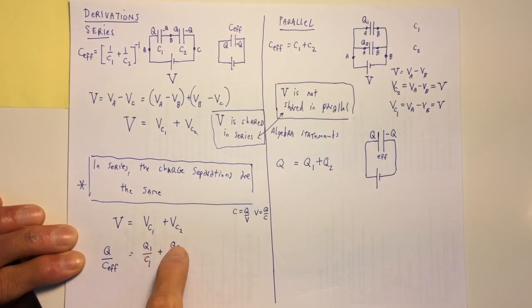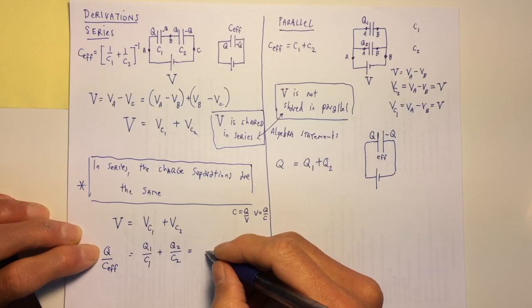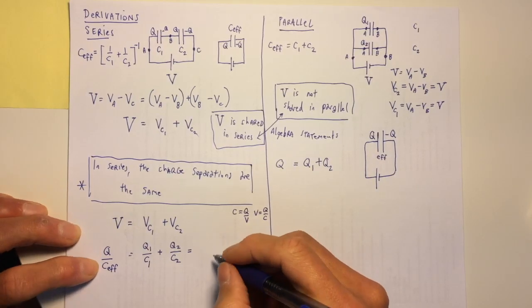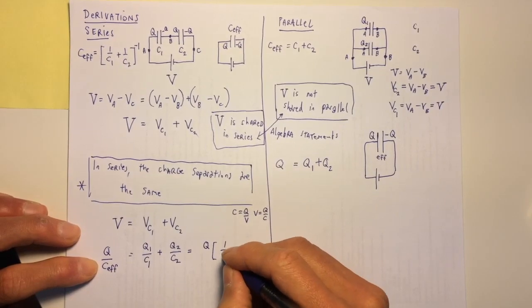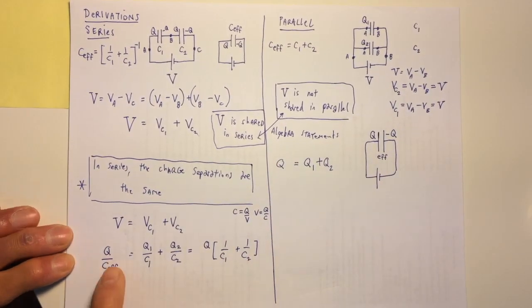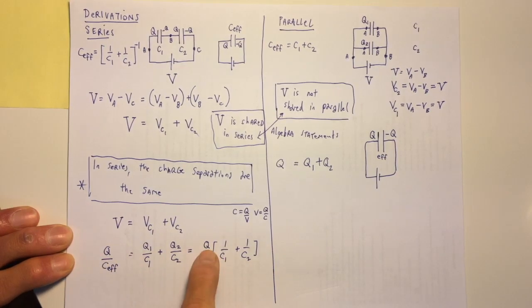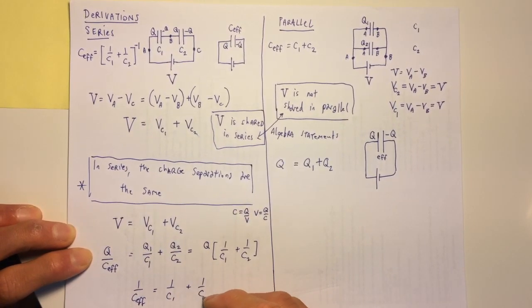So all of these symbols actually are the same. So let me write it in terms of Q, the charge separated on the effective capacitor. So this is Q times 1 over C1 plus 1 over C2. And so Q is identical on the two sides here, so 1 over C effective is 1 over C1 plus 1 over C2.